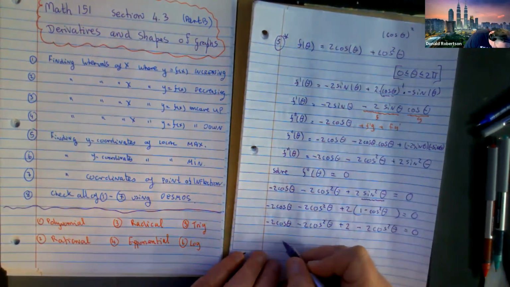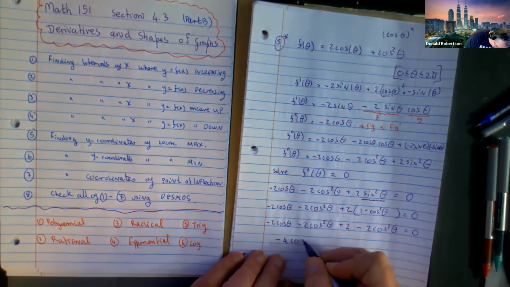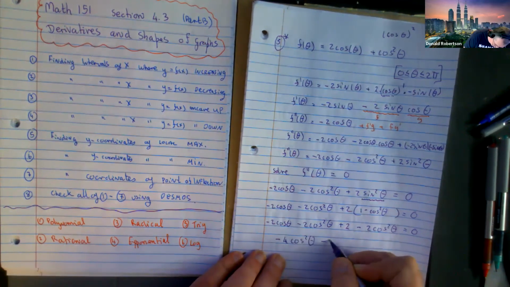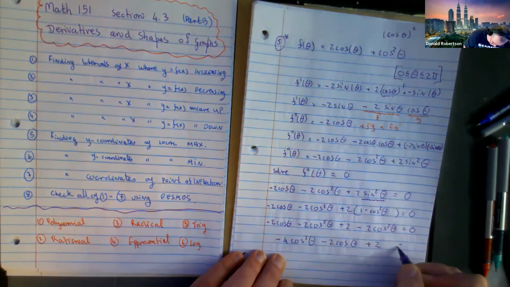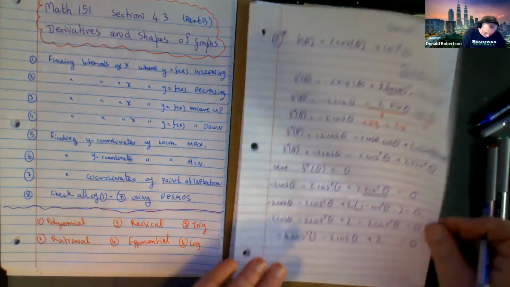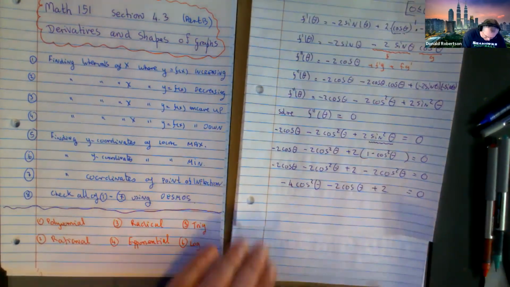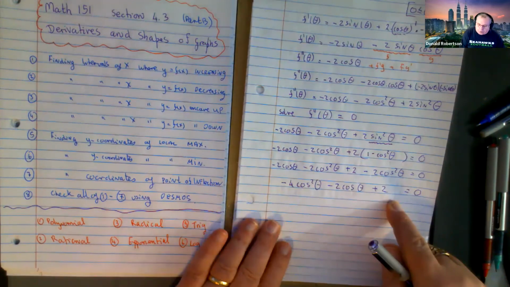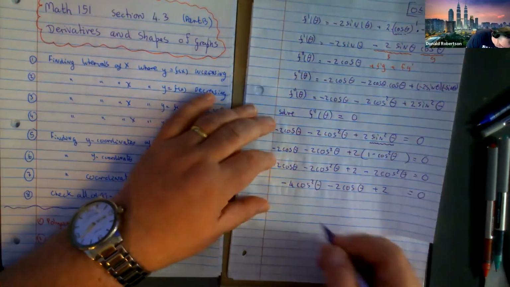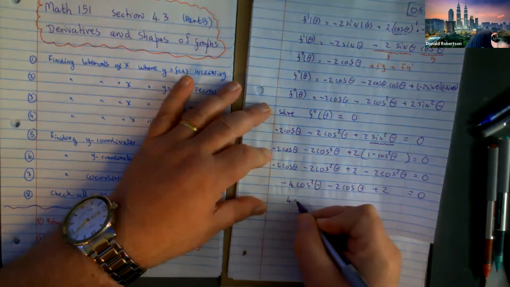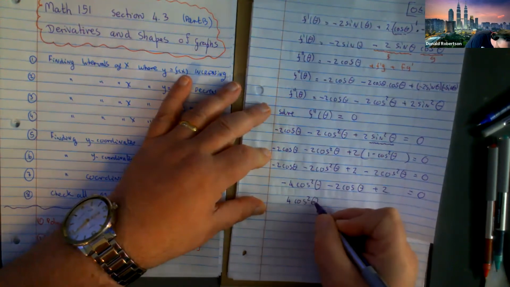And if I combine like terms, I have -4 of these guys, take away 2 of these guys, plus 2 equals 0. Now, I do not like quadratics with negative anything squared, negative x squared, or as in this case, negative 4 squared. So I'm going to multiply everybody, both sides, by -1.